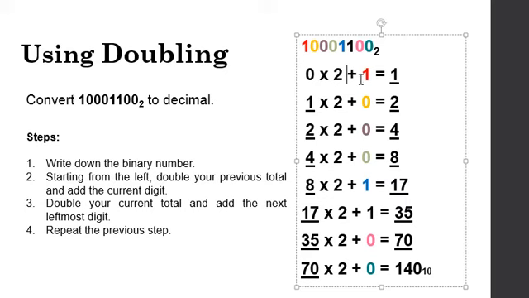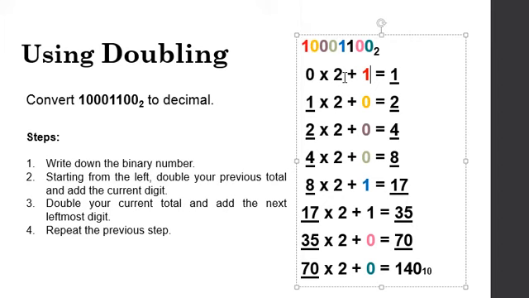When we start with 0 times 2, we add the first digit of the binary number starting from the left. So, in this case, what is the first number from the left? We start here, which is 1. That's why I added 1.